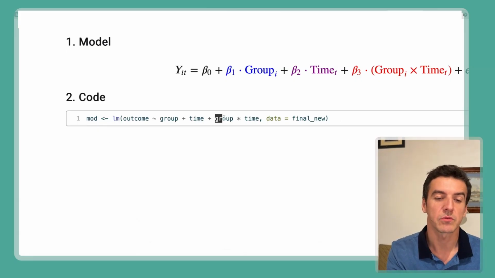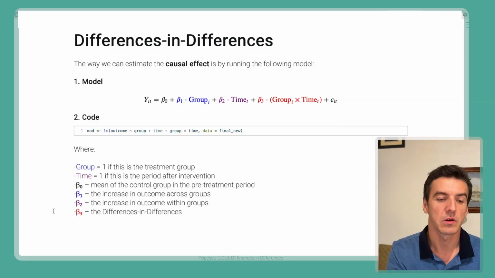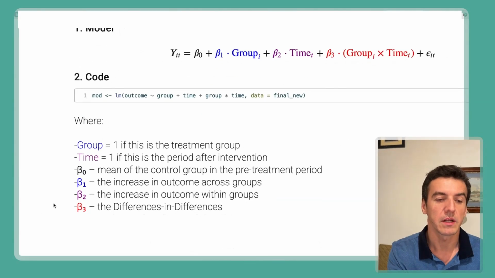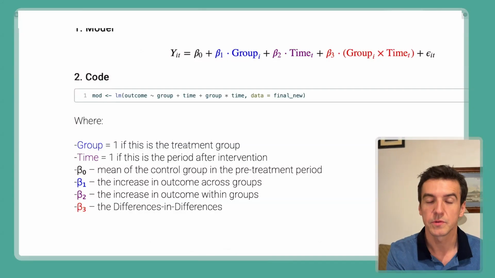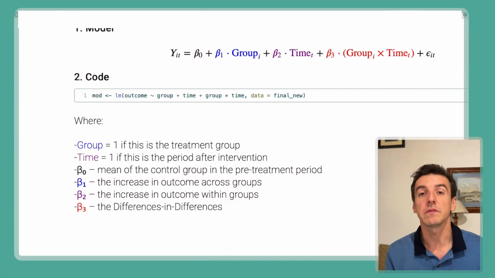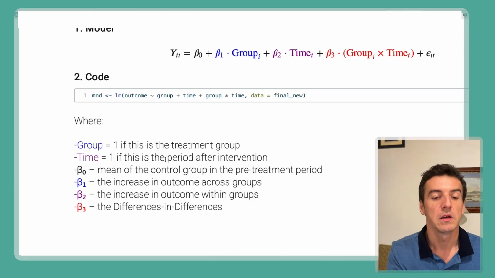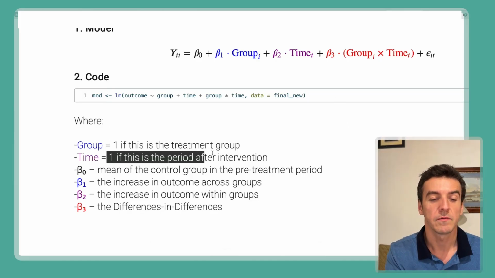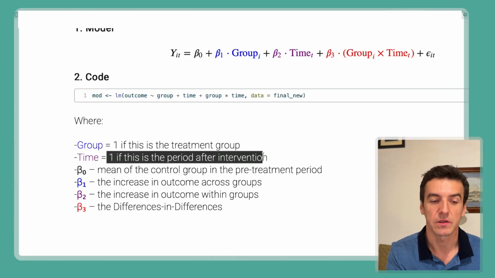And then we have the interaction between the group and time. Okay, just to be even clearer: group equals 1 if this is the treatment group, meaning the group of observations that receives a treatment at some point in time. Time equals 1 if this is the period after the intervention.